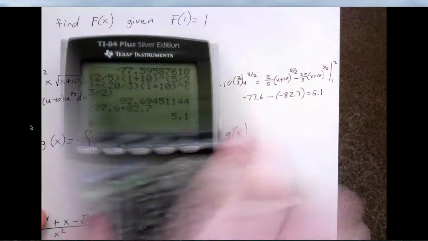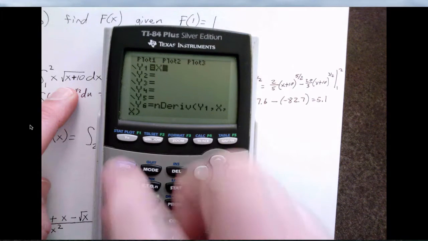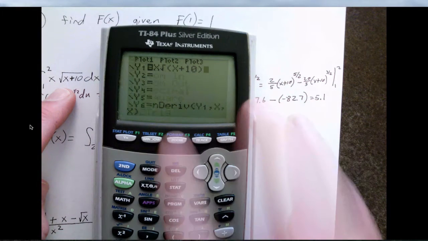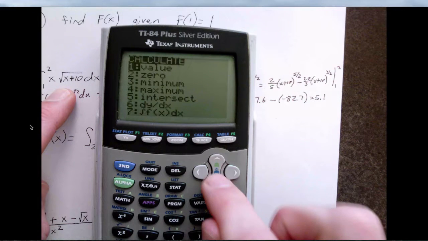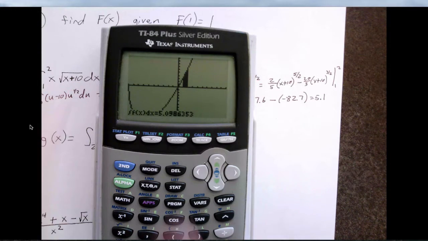All right, and I can double check that by just going x square root of x plus 10. All right, now from here, just graphing. Second, calculate. 1, 2, 5.1. All right, so it worked out both ways.